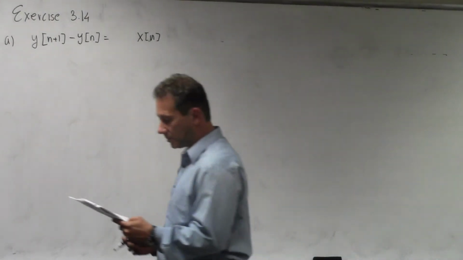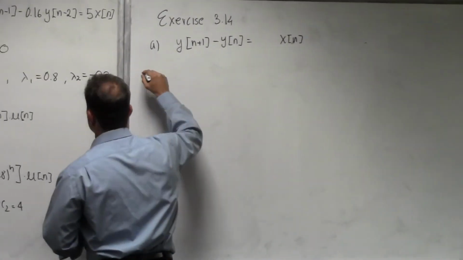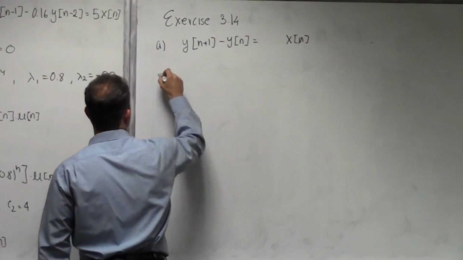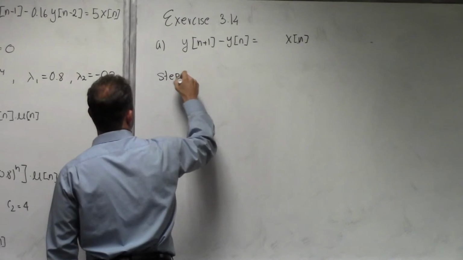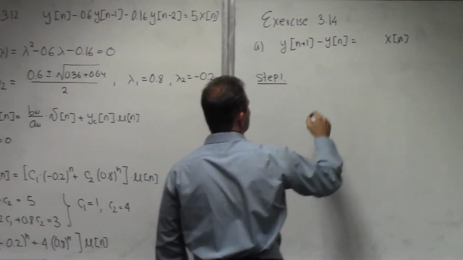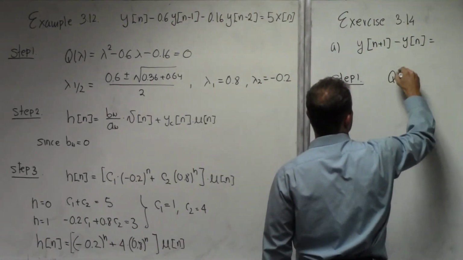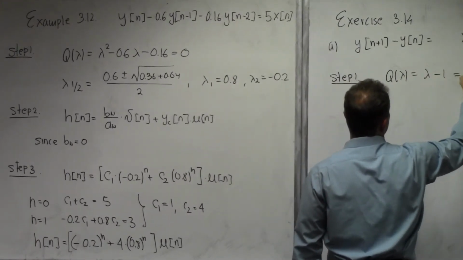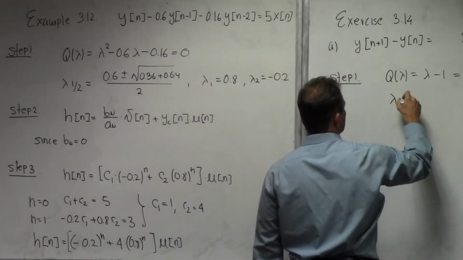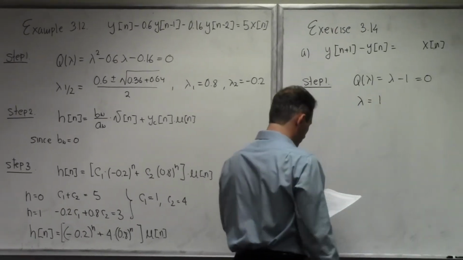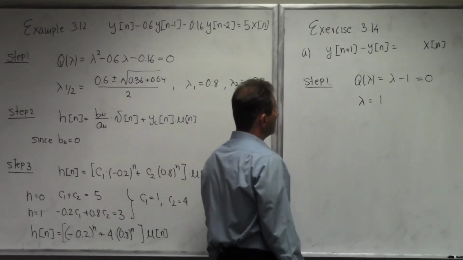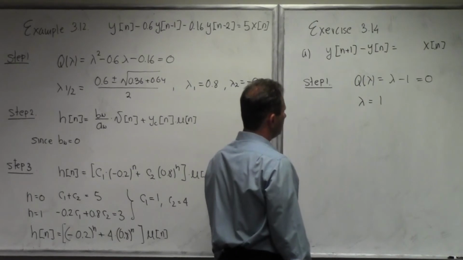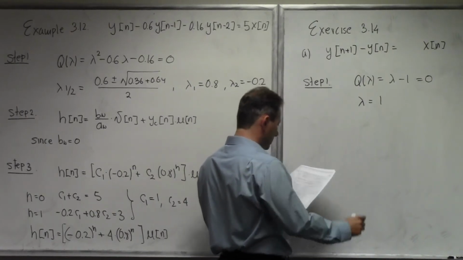And let's just apply these three steps that I have here. In step 1, we're going to write the characteristic equation and solve it. Characteristic equation here is Q of lambda equal lambda minus 1 is equal to 0. We get a solution lambda equal to 1 as a solution to this thing.